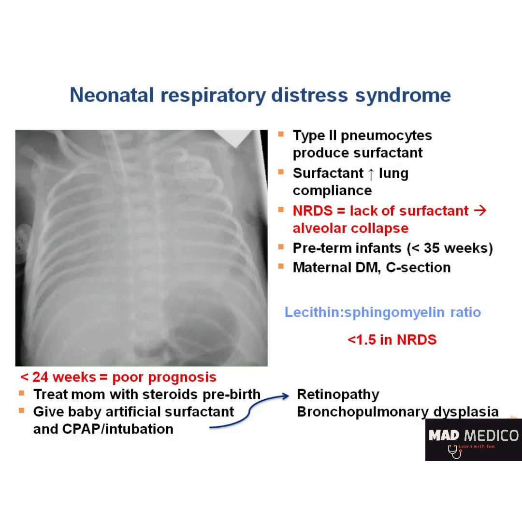Once the oxygen is removed, the relative hypoxia in the eye causes blood vessel overgrowth, which can result in blindness. If the baby has persistently low oxygen tension in the blood, what cardiac complication are they at risk of? Good, a patent ductus arteriosus.